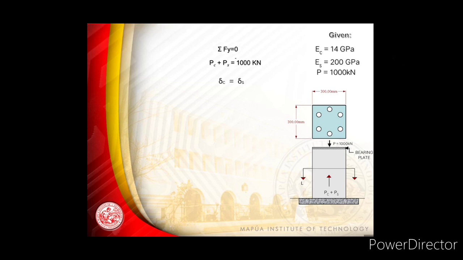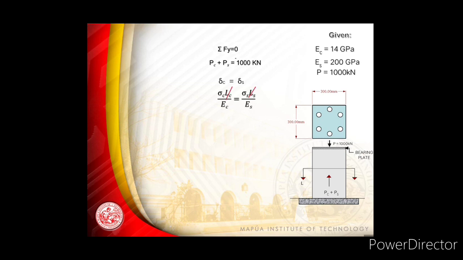And you know that the deformation of concrete is equivalent to the stress of concrete multiplied by the length of concrete divided by the elasticity of concrete, which is equal to the deformation of your steel, which is stress of the steel, length of the steel divided by the modulus of elasticity of steel.